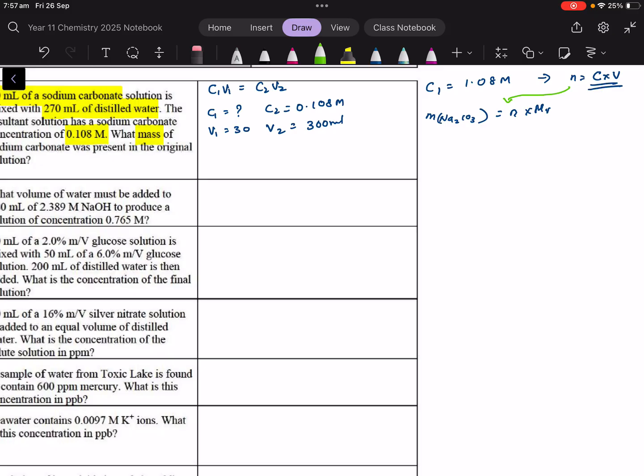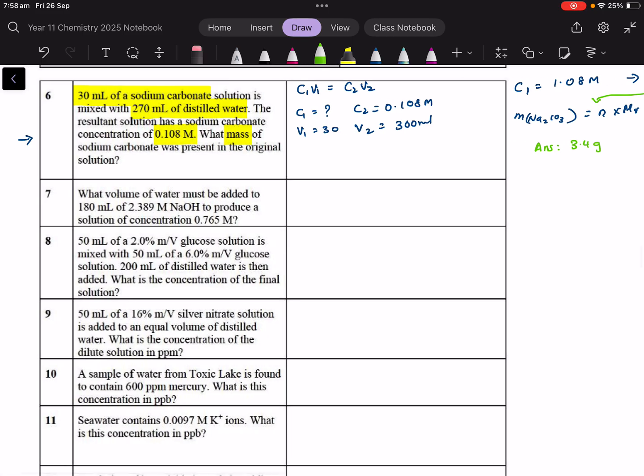Your answer should be 3.4 grams. So see if you get there. Let me know if you get stuck with that. I'm just giving you guidance on how to proceed with these types of questions.